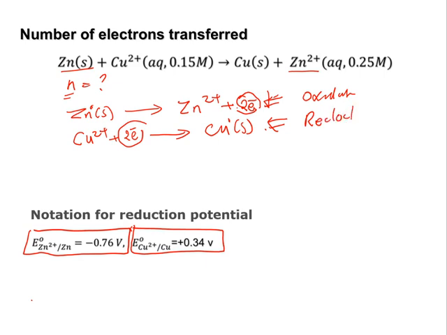If we define oxidation, oxidation is a loss of electrons, which is this, 2 electrons have been lost. Then reduction is a gain of electrons, and 2 electrons have been gained. Since there are 2 electrons here and 2 electrons here, they are all balanced. So we can conclude that N is equal to 2.